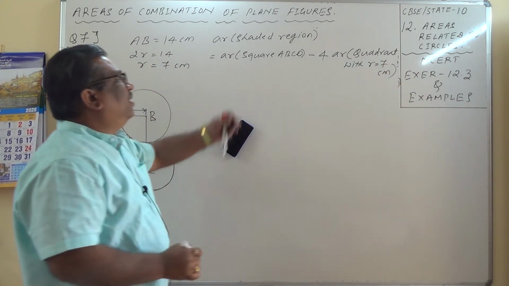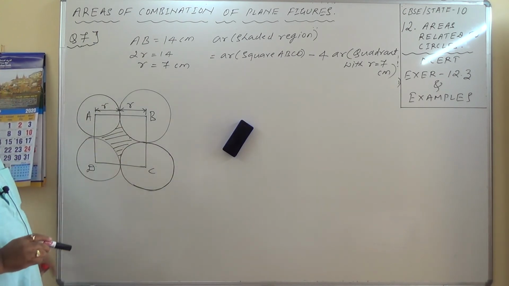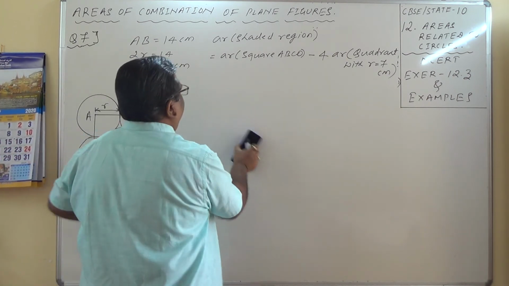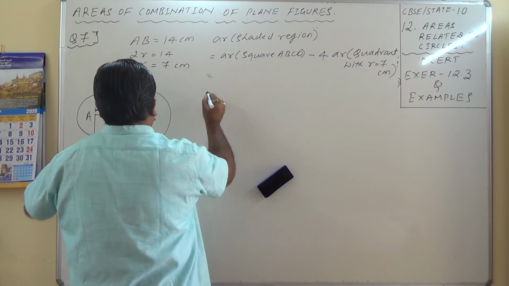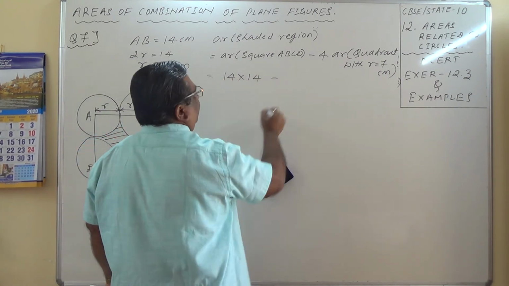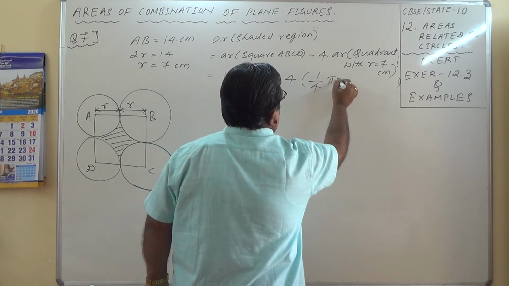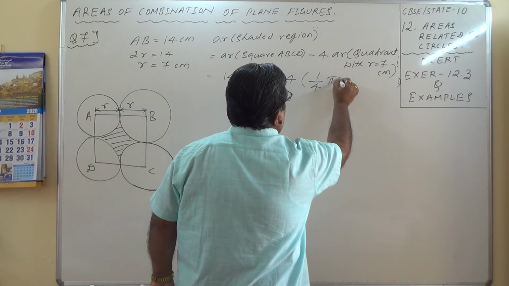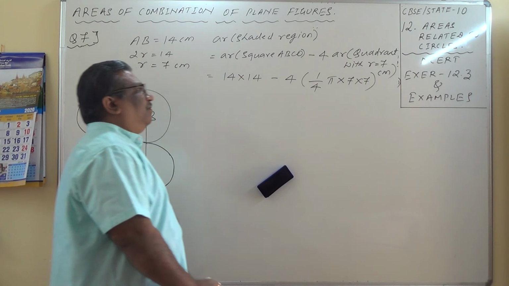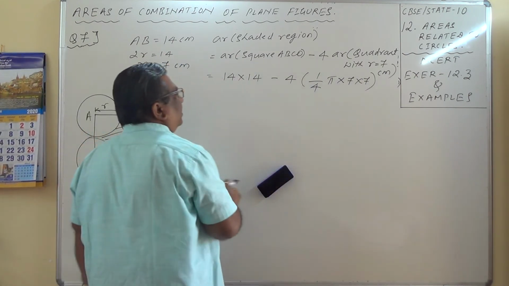Is it clear? There are 4 quadrants here, the areas of which are to be subtracted from the square ABCD. So area of the square is written as 14 into 14 minus 4 times 1/4 pi into 7 into 7. R is equal to 7 there, isn't it?